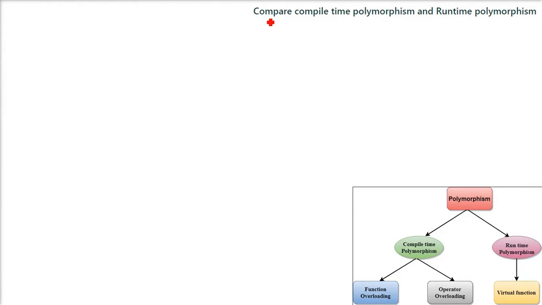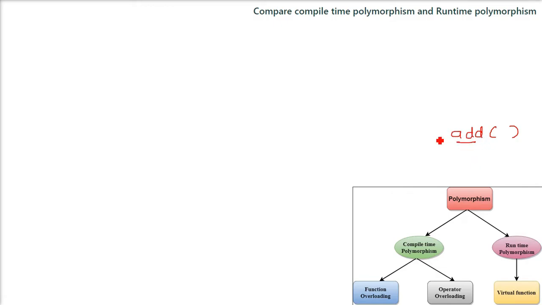Compare compile time polymorphism and runtime polymorphism. Polymorphism means one name, different work, one function, different roles. For example, if we write add, this is the name. Now there can be multiple adds you can write, with the same name.